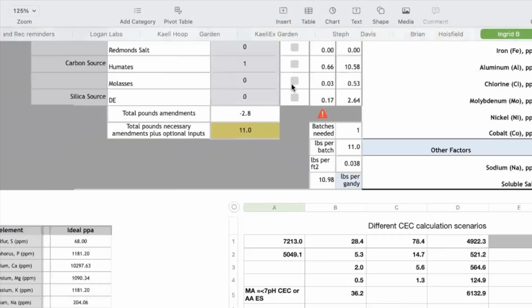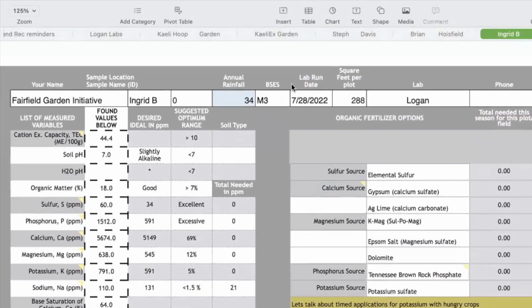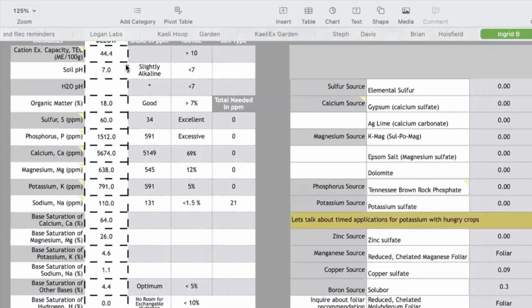Ingrid. Okay. So we have really high exchange capacity. I know that these beds have been amended with compost pretty consistently over time, and I am assuming that's where that's kind of coming from.